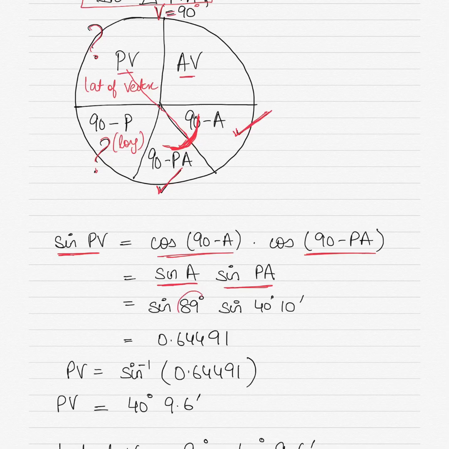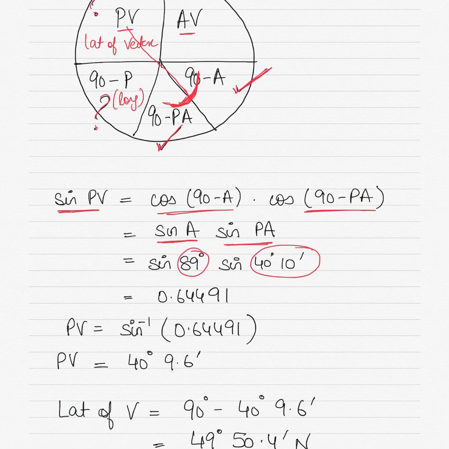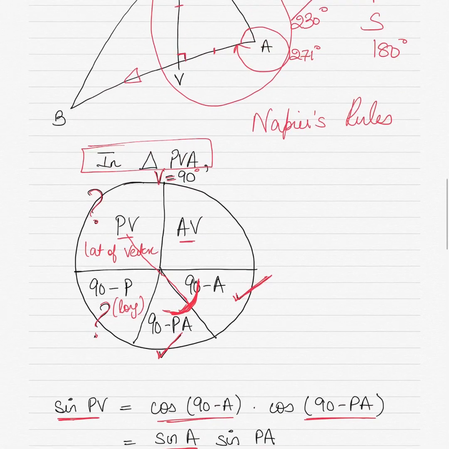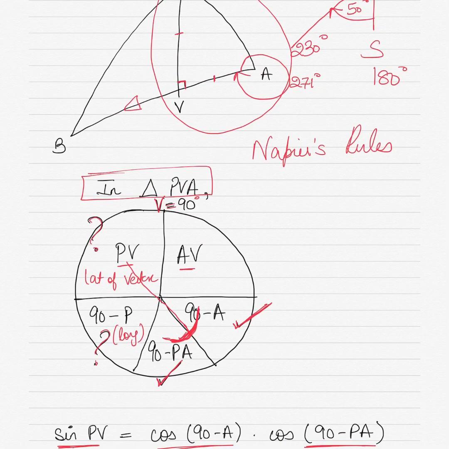So we put in the value of A as 89 and PA as 40 degrees 10 minutes. We get this value here, take sine to the other side, and we get PV as 40 degrees 9.6 minutes. But that is not the latitude of the vertex. The latitude of the vertex will be from the equator.